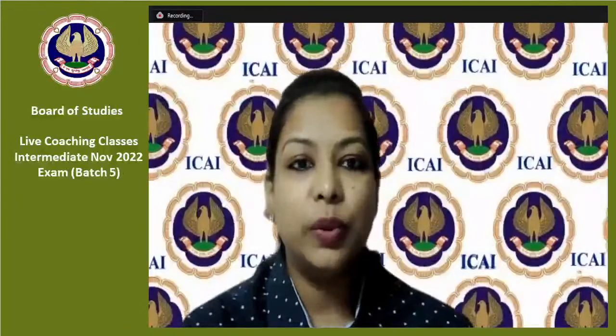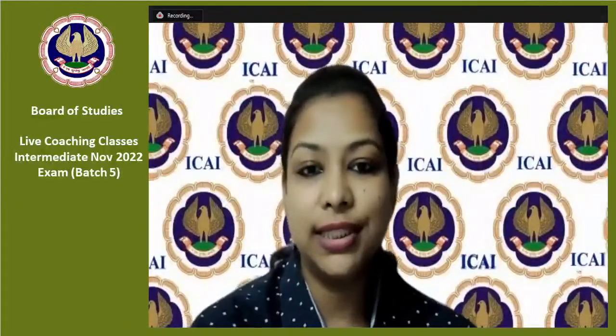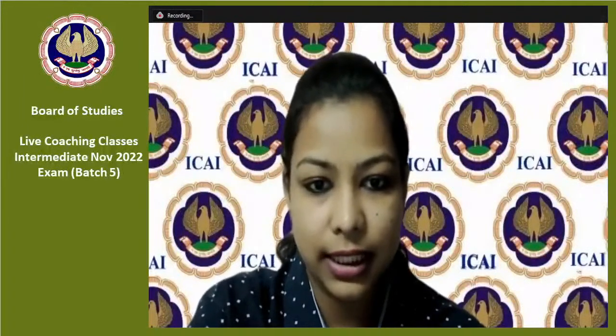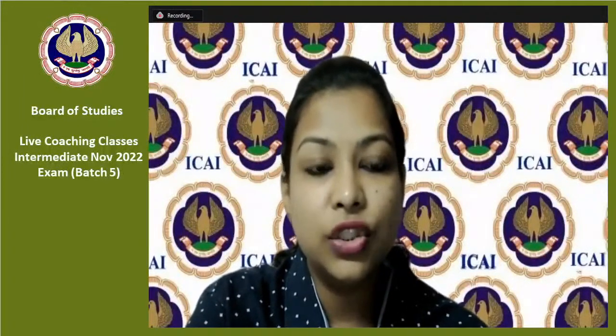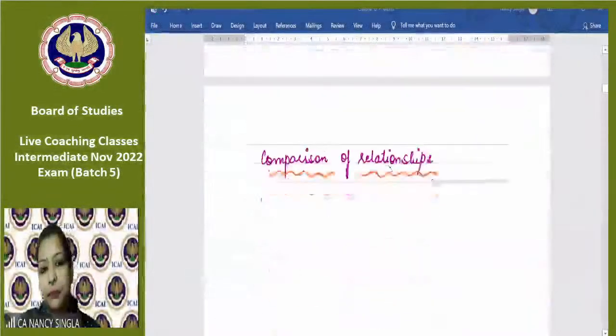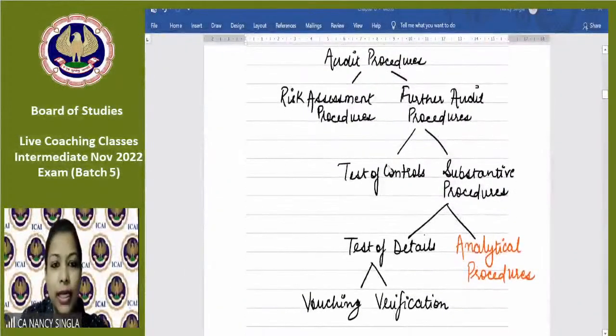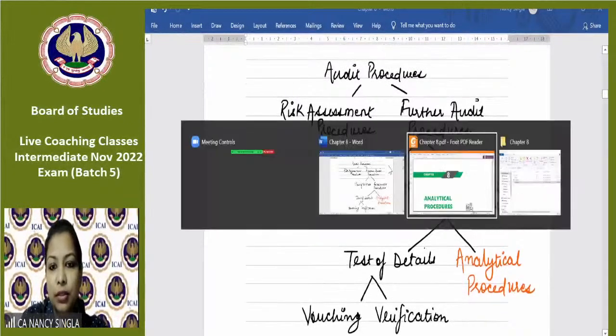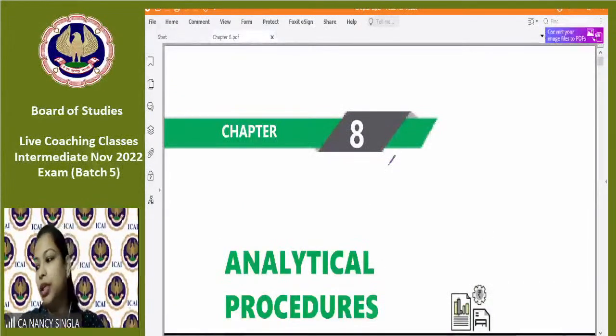So let us start with chapter number 8, which is analytical procedures. Students, you have heard about analytical procedures earlier also. Tell me, in which chapter have you heard the term analytical procedures?